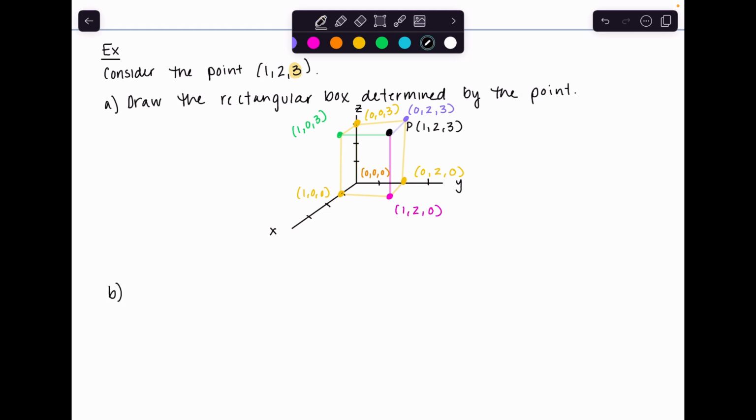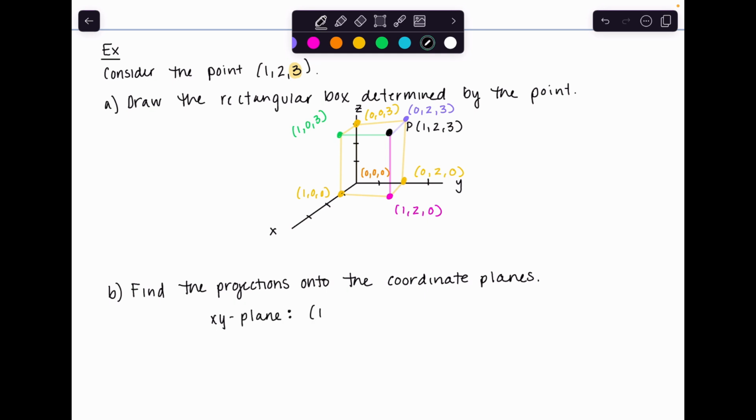Now for part B, we want to find the projections onto the coordinate planes. Okay. So if we start with the xy plane, your z is equal to 0.